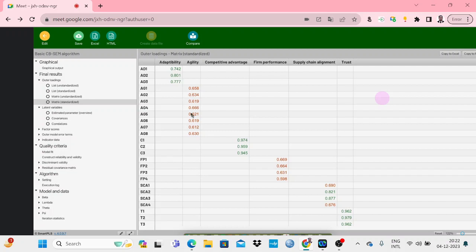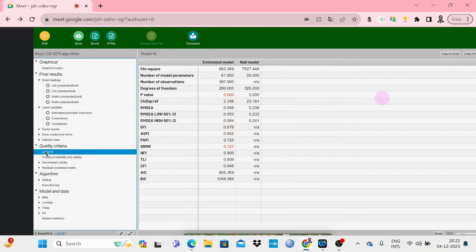However, we can summarize these loadings into some matrices which are easy to identify and set a threshold for. So for this we go to quality criteria, model fit. You can see we had our RMSEA and CFI values, and below that there is something called construct reliability and validity.